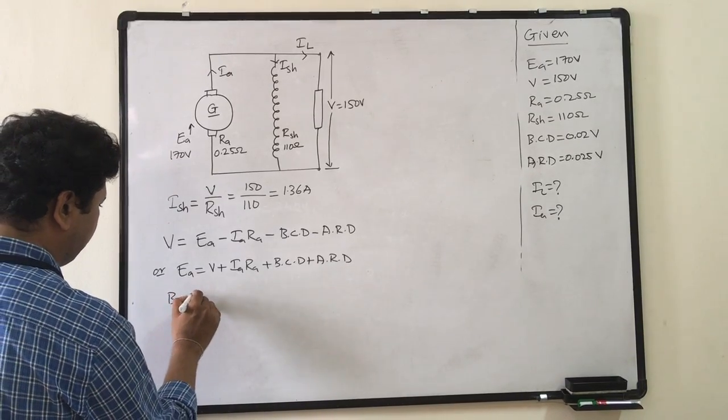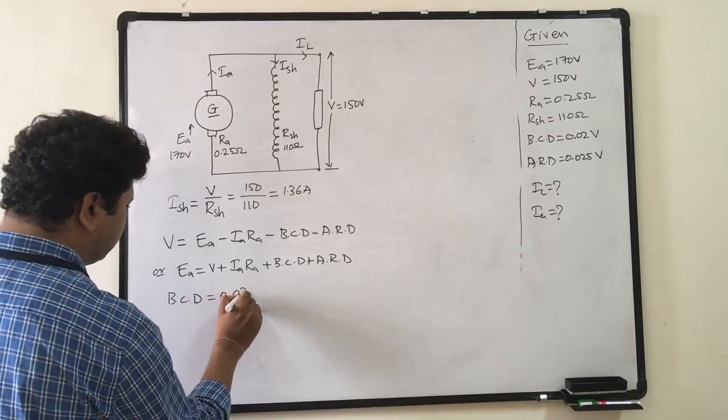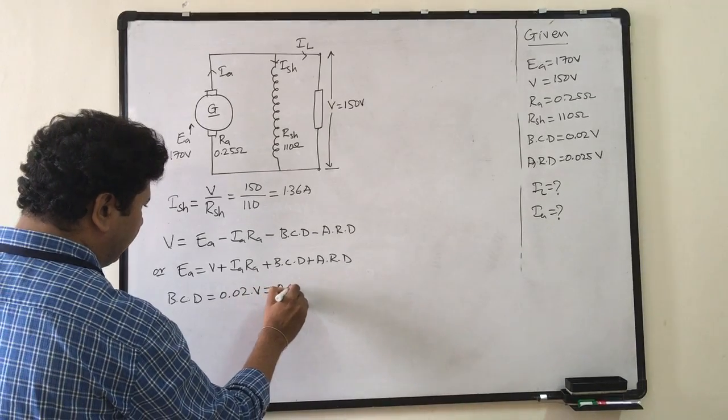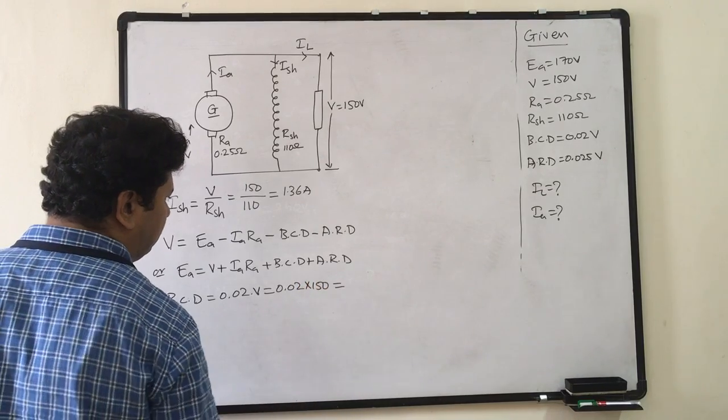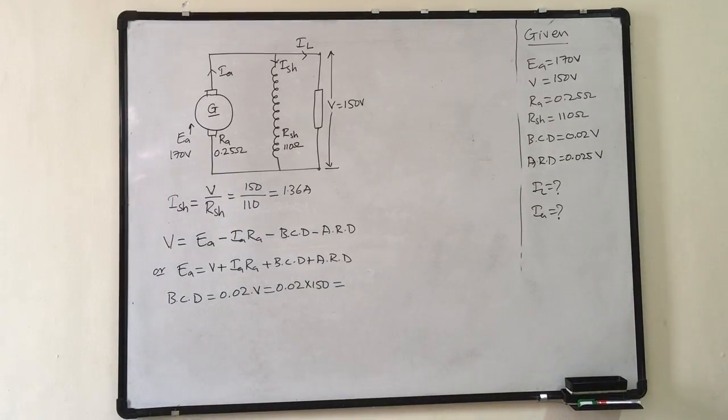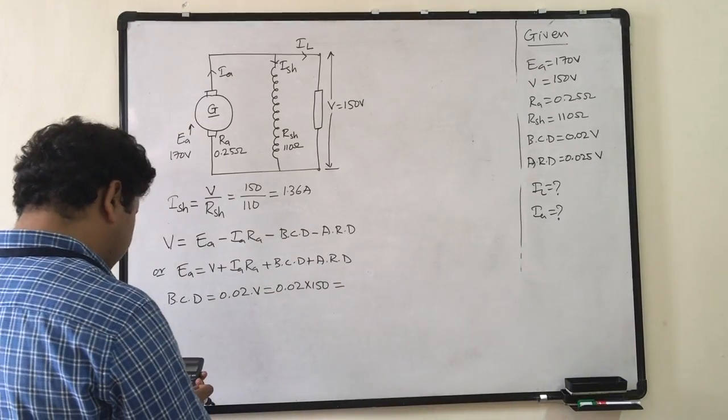So brush contact drop is equal to 0.02 into V, that is 0.02 into 150, 2% of 150, which is around 3 volts.